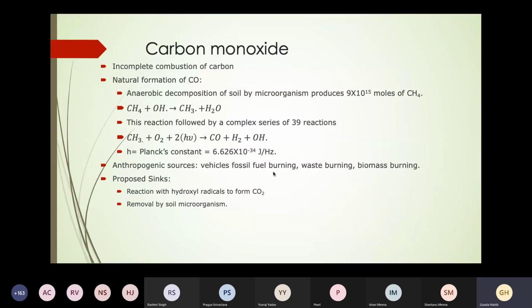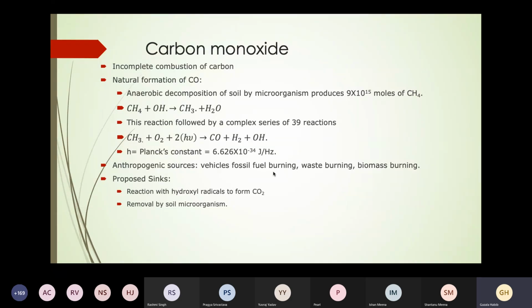And there is no estimation of OH radical in the atmosphere. Till now, I did not find any paper where OH radical estimation over India or any specific place is given. But in atmospheric chemistry, OH radical has a very important role.